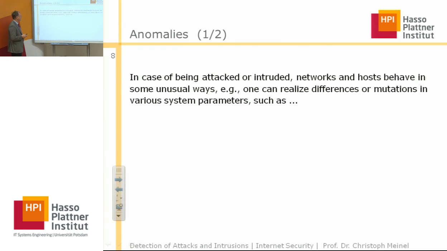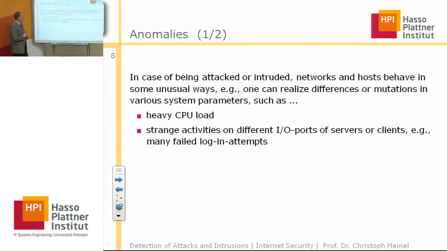Let's take a closer look at what an anomaly is and at the anomaly-based intrusion detection system. In case a system or a network is attacked or intruded, the network's or the host's behavior is in some way different from the usual behavior. So one can see differences or mutations in various system parameters, such as an unusually heavy CPU load, or strange activities on different input-output ports, or on the server or on the client.